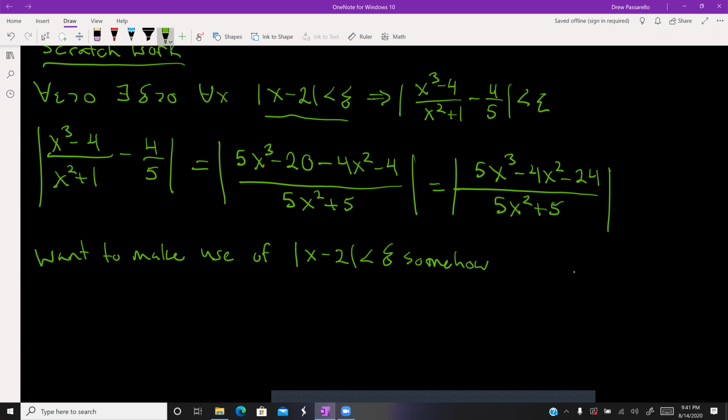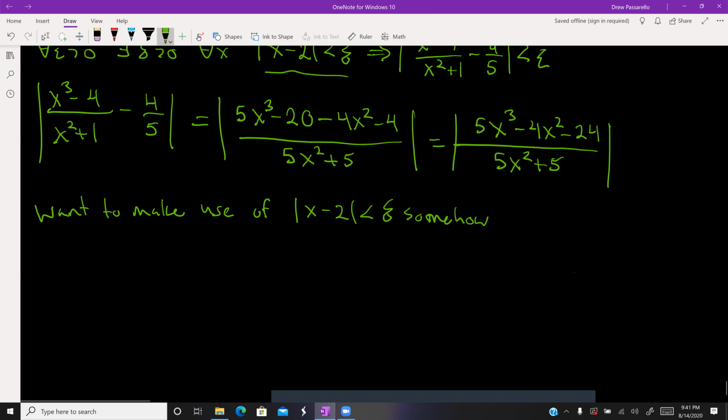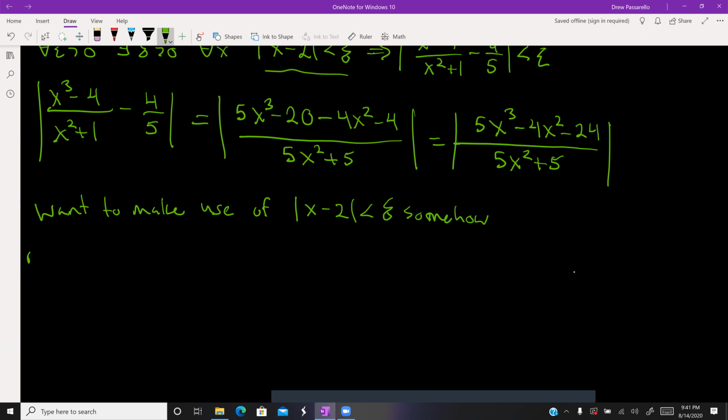Note that if you plug 2 into the numerator, if you do 5 times 2 cubed minus 4 times 2 squared minus 24, that equals 0.